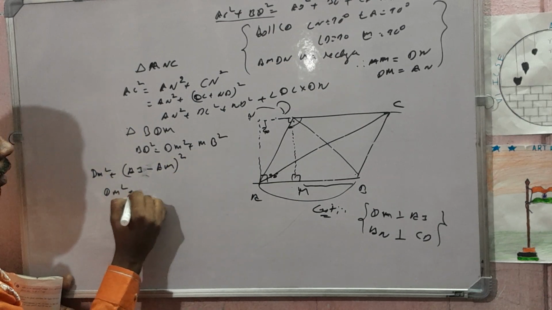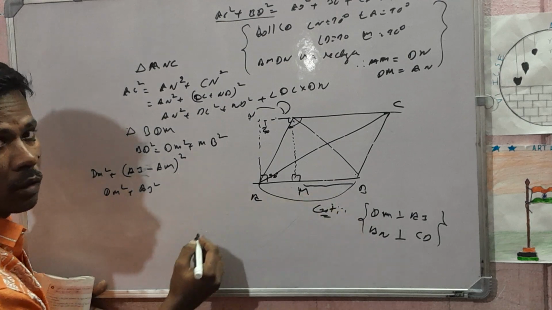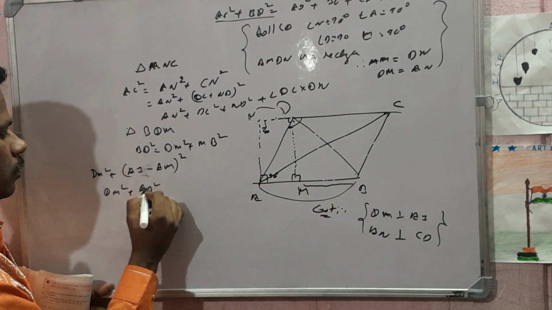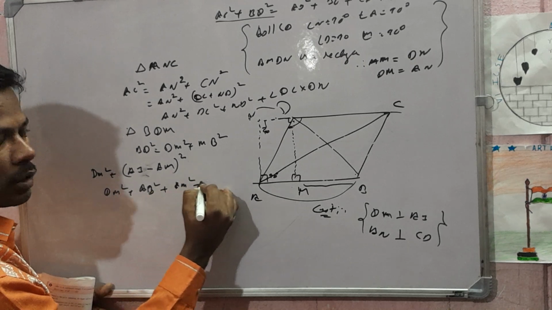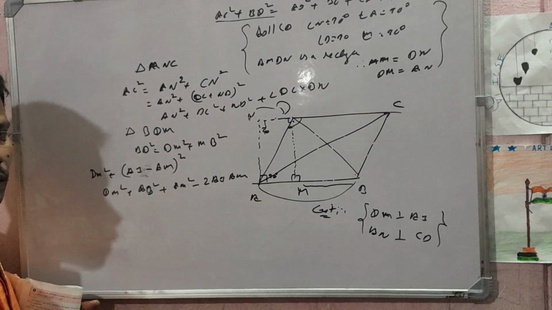So DM square plus AB minus AM, whole square, is AB square plus AM square minus 2 times AB into AM, right?